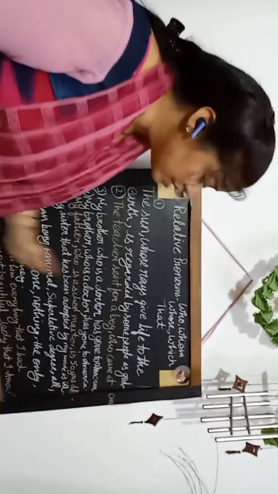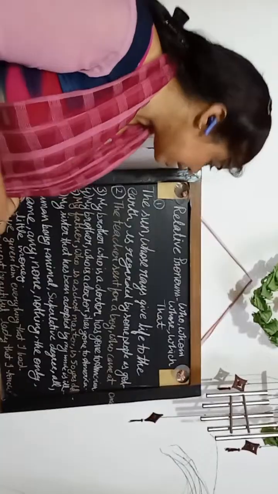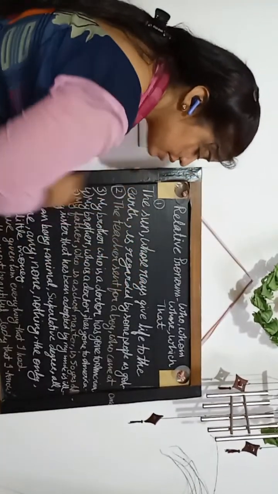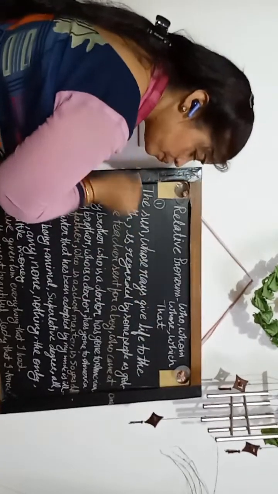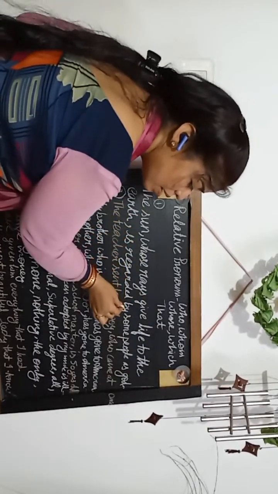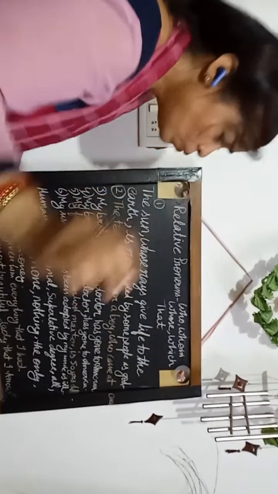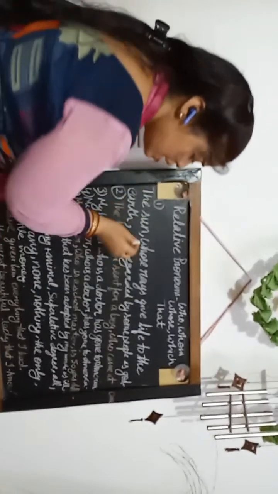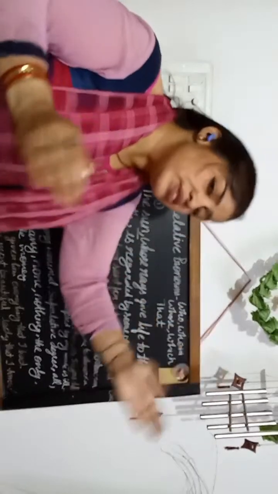Here I have written some examples for the same, and you need to understand. First you have to see: The sun, whose rays give life to the earth, is regarded by some people as God. Okay, so here you have noticed I'm putting commas. That means we are enlarging our sentence.